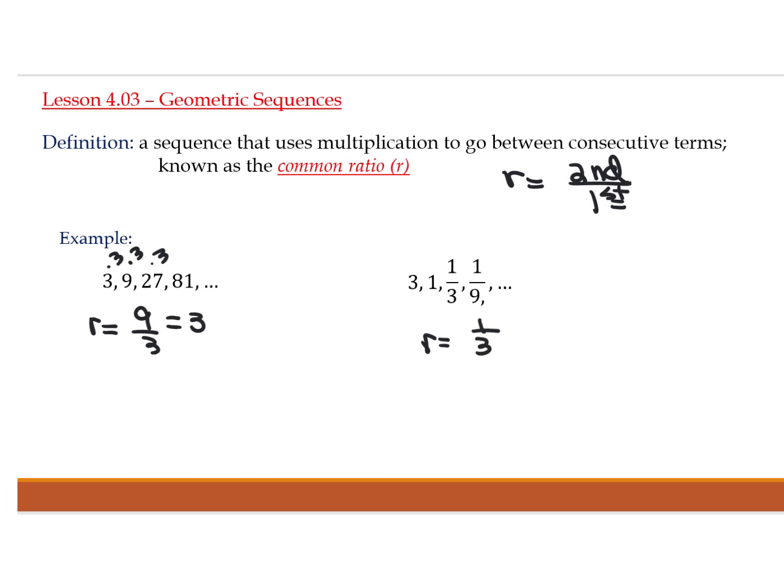I'm going to do 3 times 1/3, and it equals 1. 1 times 1/3 equals 1/3. 1/3 times 1/3 is 1/9. So this is an example of 2 geometric sequences, one which has a common ratio that is an integer and one that is a fraction.